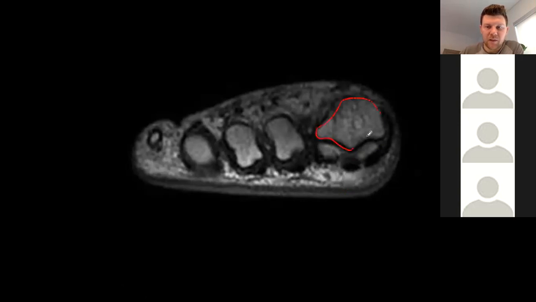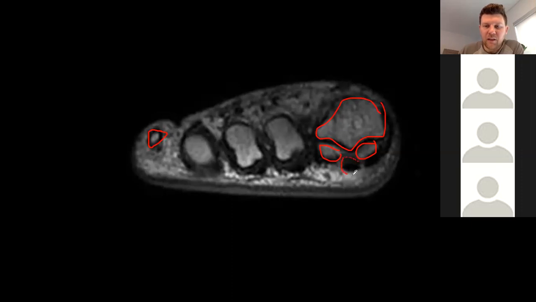There's the first metatarsal head, right? So what runs right underneath it? Sesamoids, good. Besides the metatarsal heads, what's this little bone out here? Good, the 5th proximal phalanx, good.